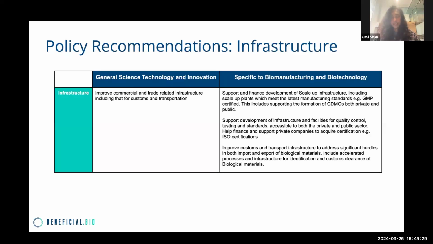Private and public CDMOs could help scale up. And then quality control infrastructure and certification help. And then finally, the transport infrastructure for biological materials and potentially accelerated processes for customs clearance of biological materials.